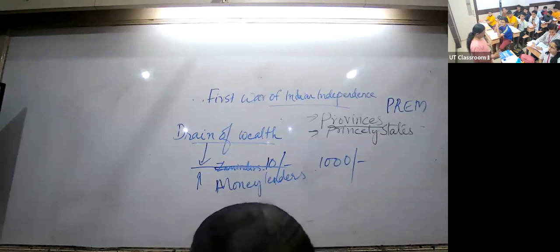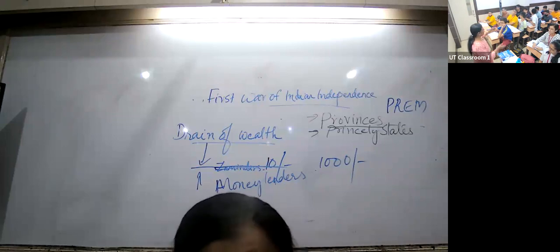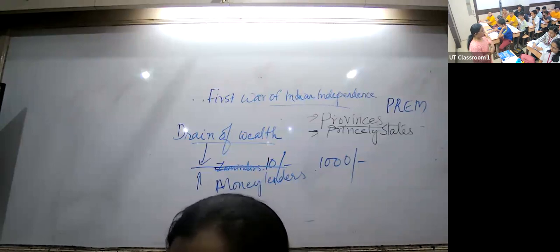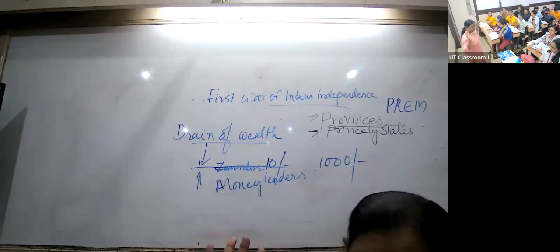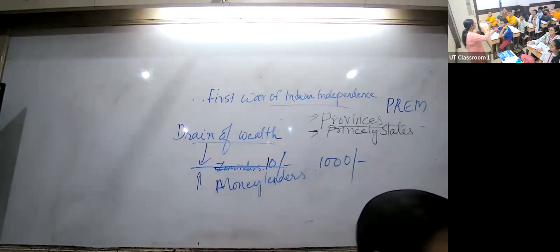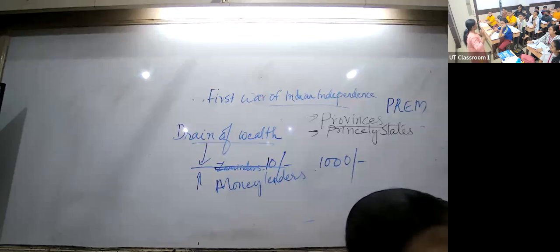Okay, this line. The next one is the policy of divide and rule. This is connected with that. What is divide and rule? Dividing Hindus and Muslims. Please listen, and finally I will ask you some questions. You should be able to understand.